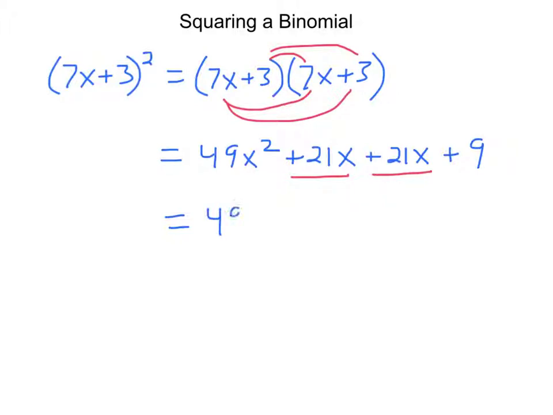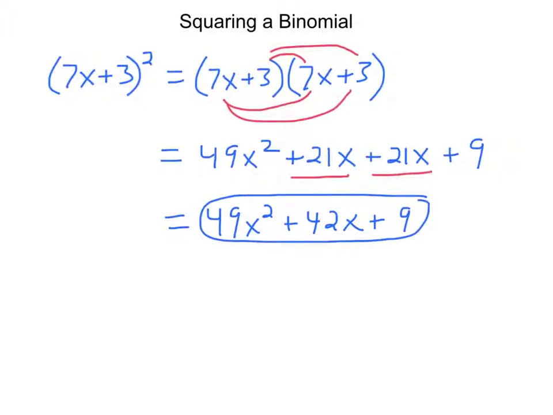So we'd have 49x squared plus 42x plus 9. So it's really important that when you see something in parentheses raised to a power, that you take that expression in parentheses and multiply it times itself, and then do the multiplication out from there.